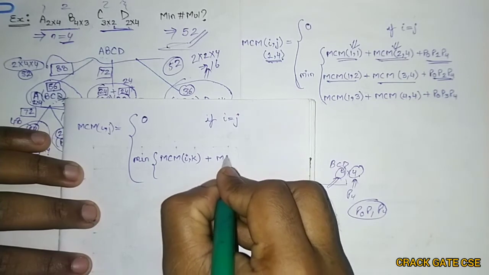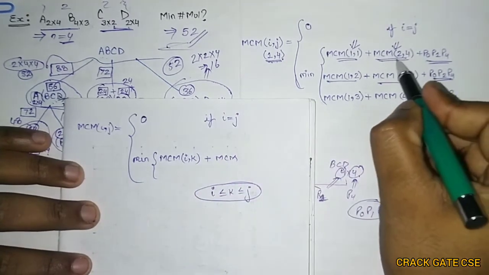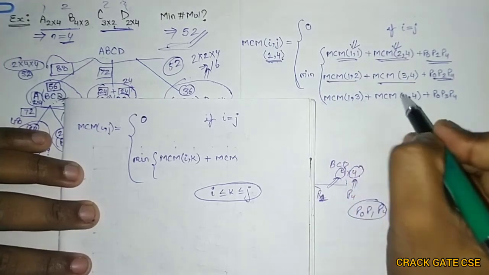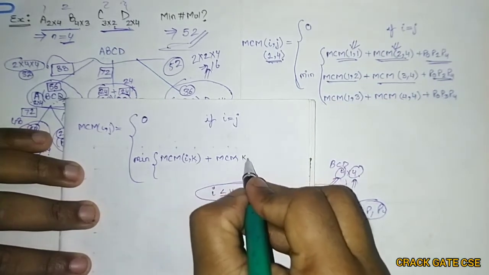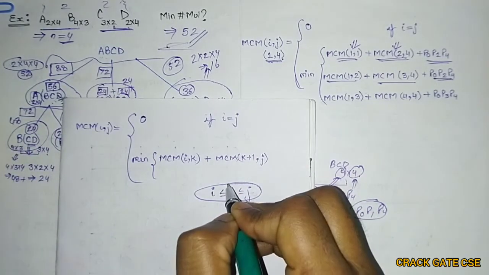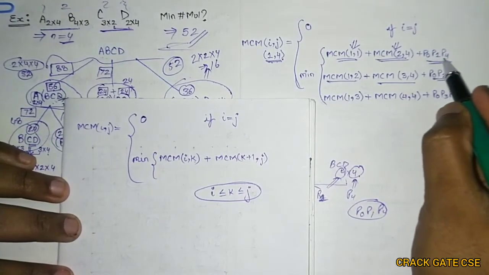Now similarly, for MCM, in any place you can see that this is 1, this is 2, this is 2, this is 3, this is 3, this is 4. So I can write this as k, and this will be k plus 1 comma j. Then I am adding these, right?